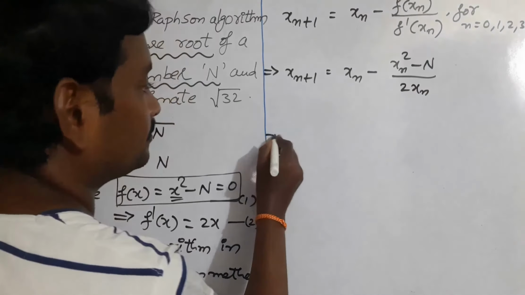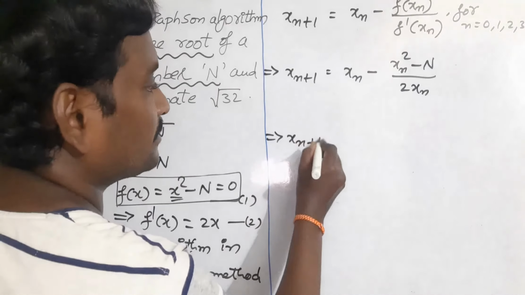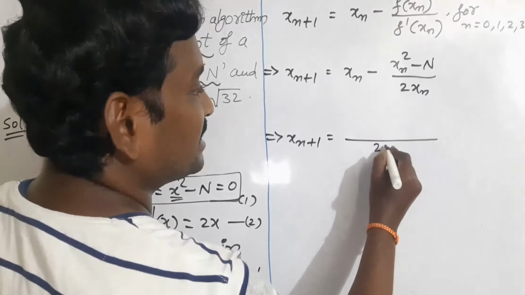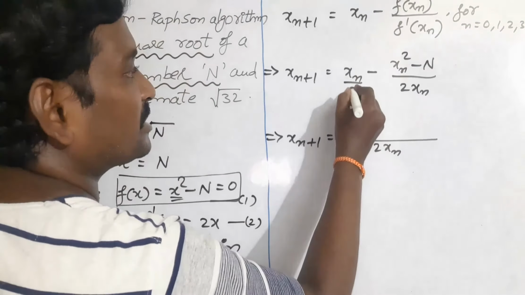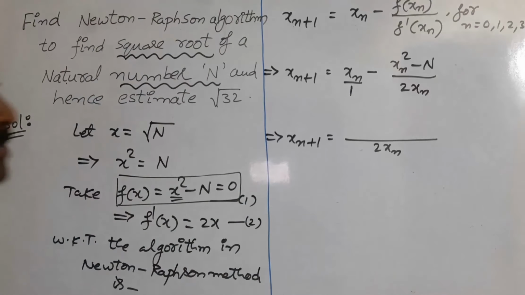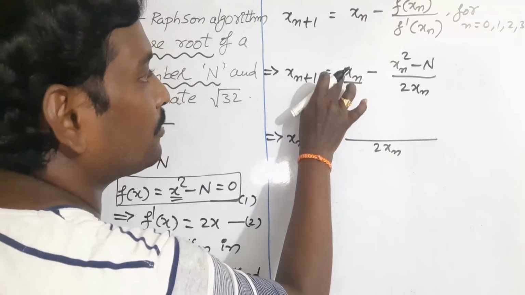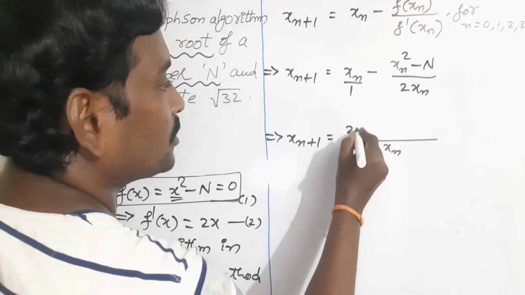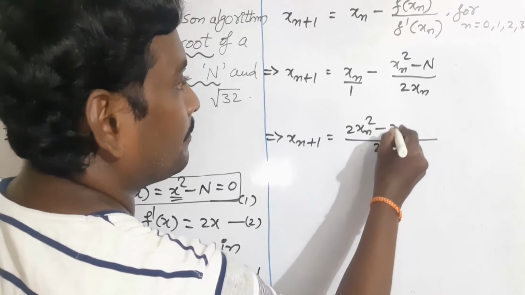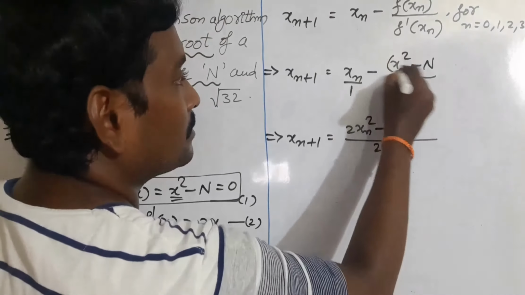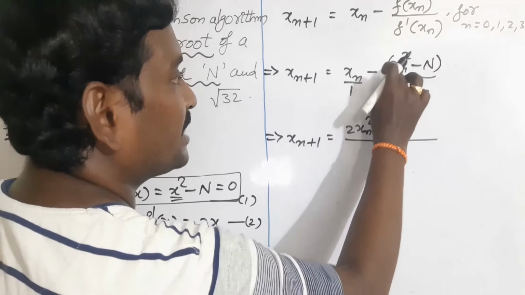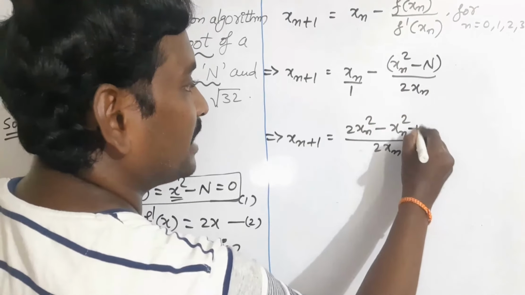Take the LCM. So x n plus 1 becomes, 2 x n is the LCM. Here in the first part the denominator is 1. So by taking the LCM you should multiply the numerator x n with 2 x n. So it is 2 x n square minus x n square, and you can separate the terms here: minus x n square, minus of minus, plus capital N.